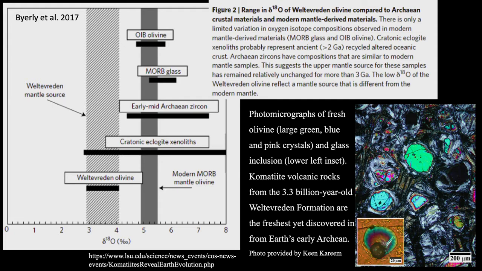And just look, these are olivines within a very old ultramafic rock, komatiite. The komatiitic volcanic rocks are 3.3 billion years old, and the olivines are not transformed, they are not altered.